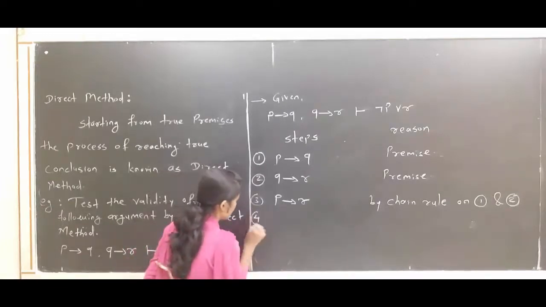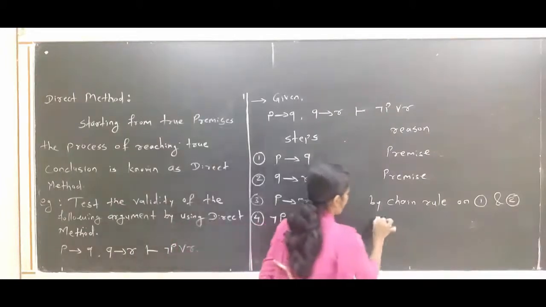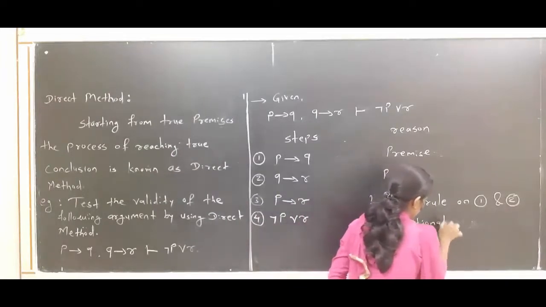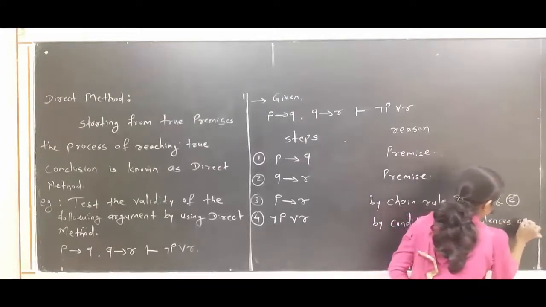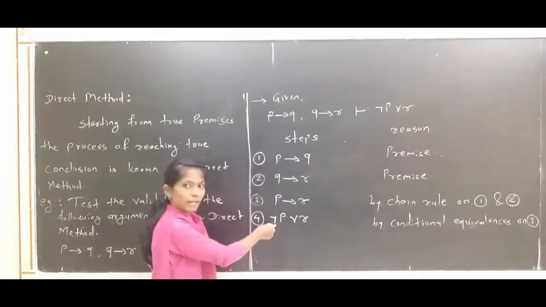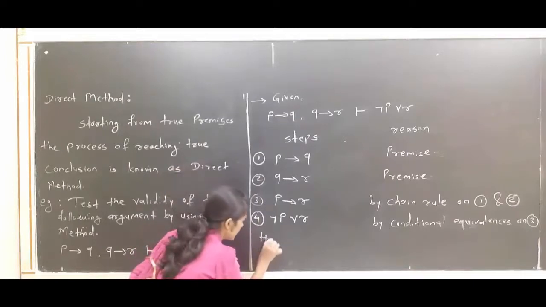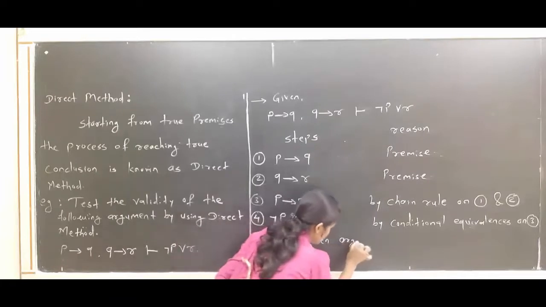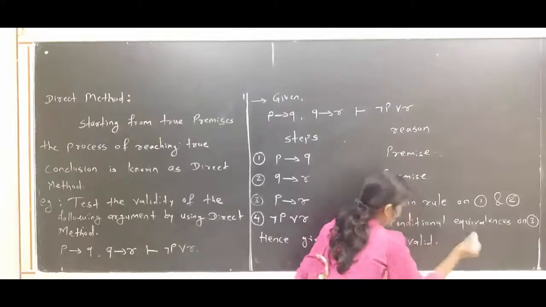So we apply conditional equivalences on step 3, and we get negation P or R, the required conclusion. Hence, the given argument is valid.